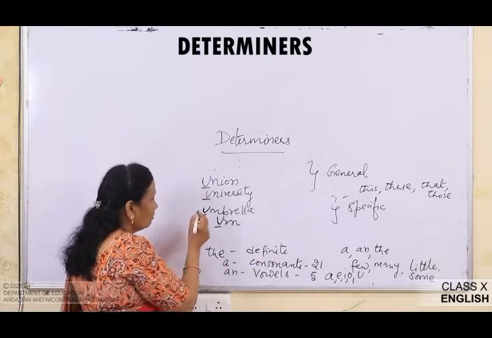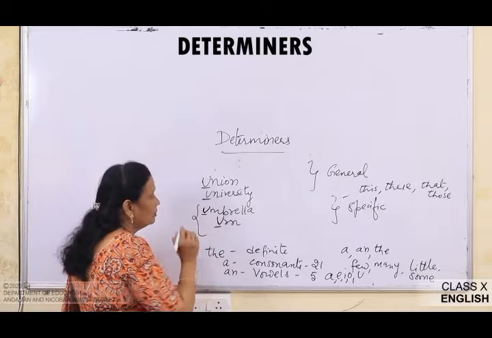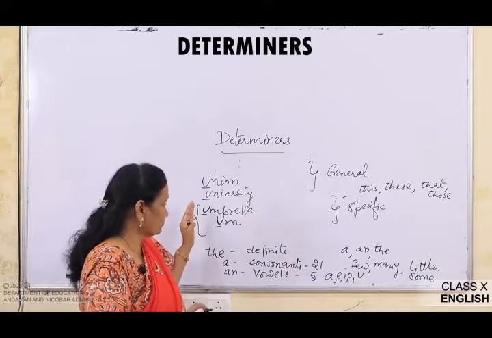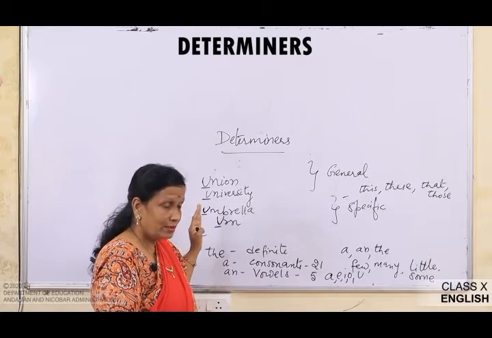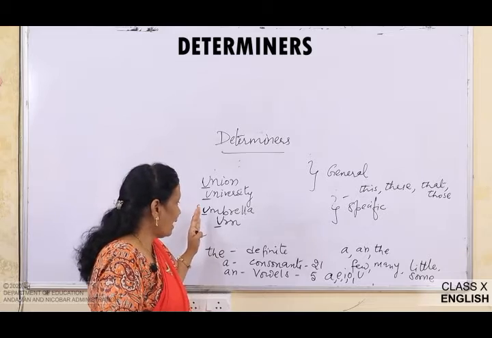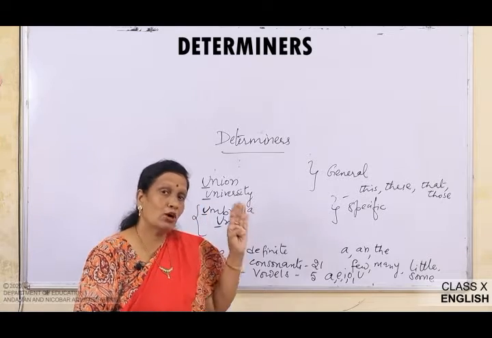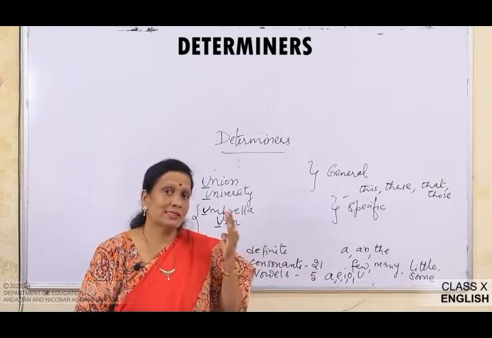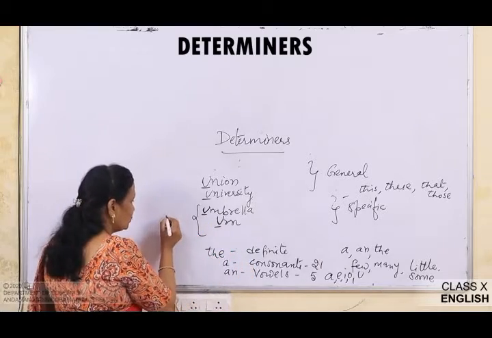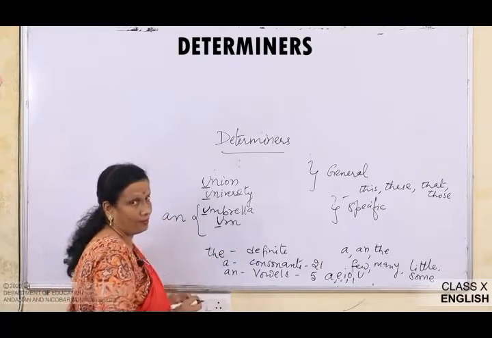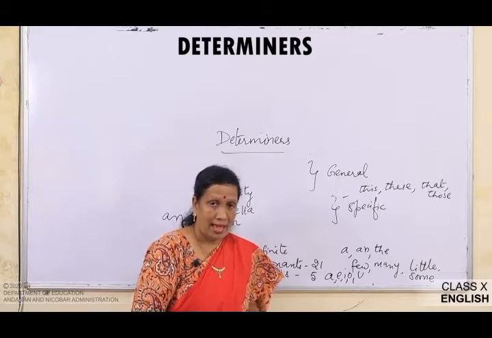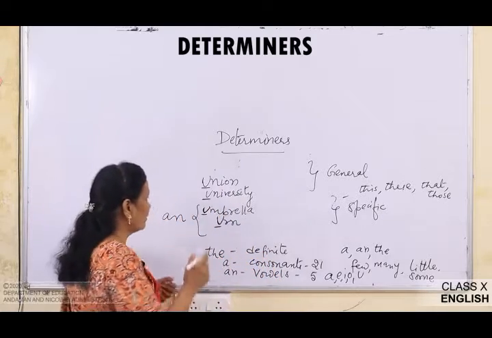So, children, wherever you have the vowel U, but the sound is not U, we use an umbrella, an earn.